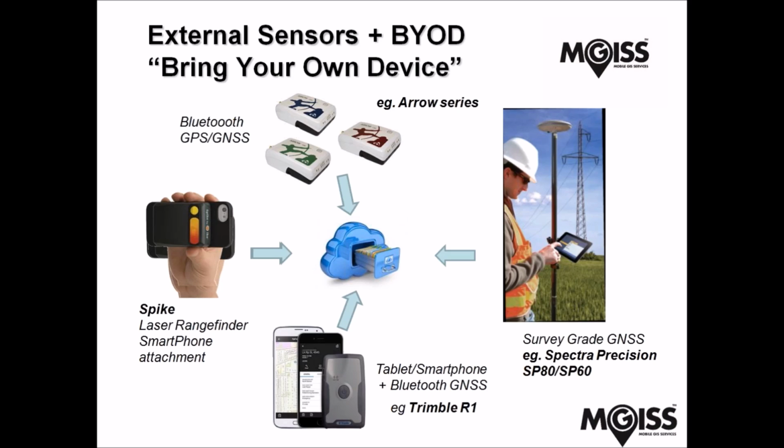But you can also then plug other sensors such as laser rangefinders into consumer level platforms now, such as add-on laser rangefinders like Spike, and that allows you to capture calibrated imagery, but it's all based on plug and play. So it's very easy to adapt and build a cost-effective solution which is scalable.